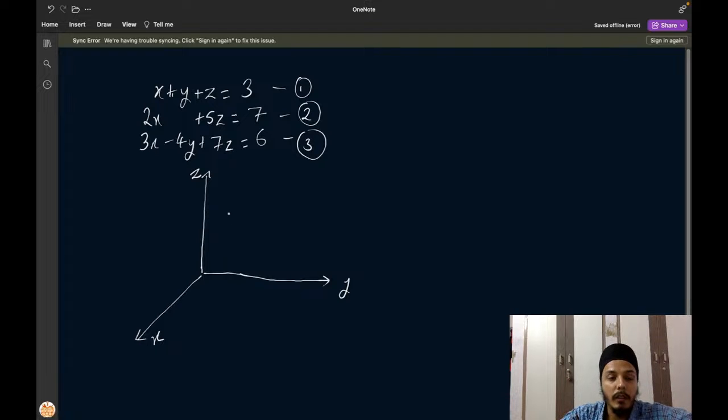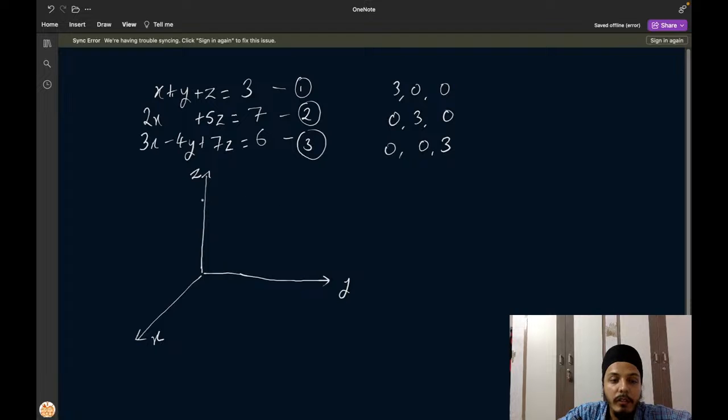Now we will plot our planes. Our first equation is x plus y plus z equals 3. The 3 points that will lie on this plane are (3, 0, 0), (0, 3, 0) and (0, 0, 3).